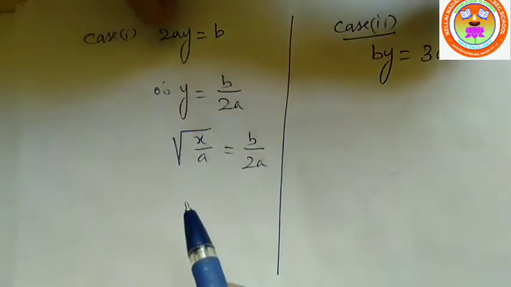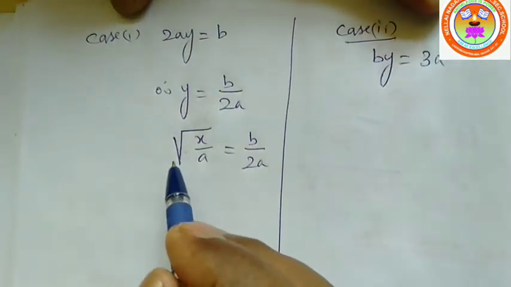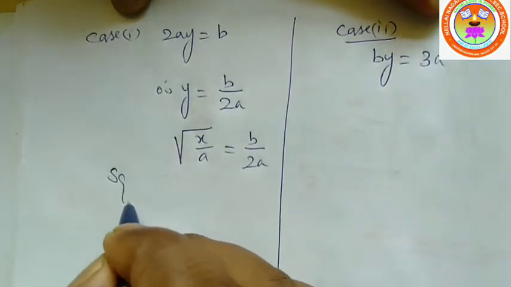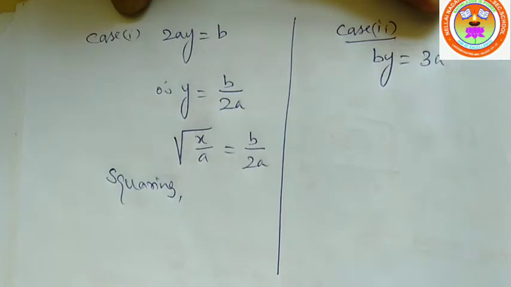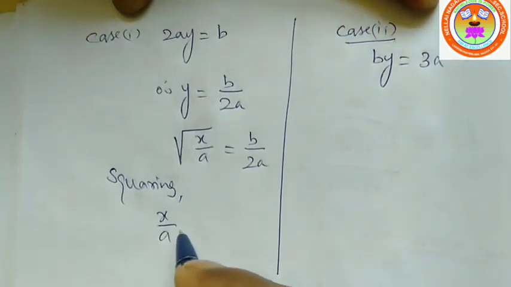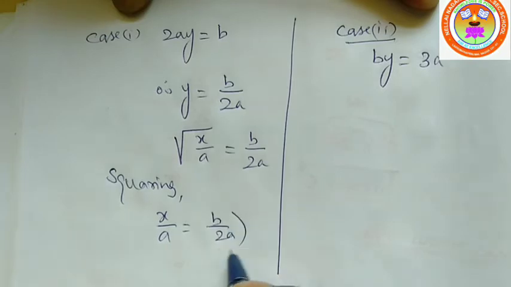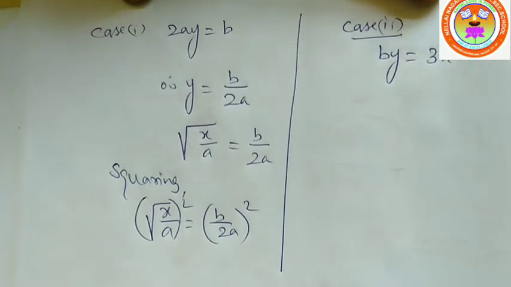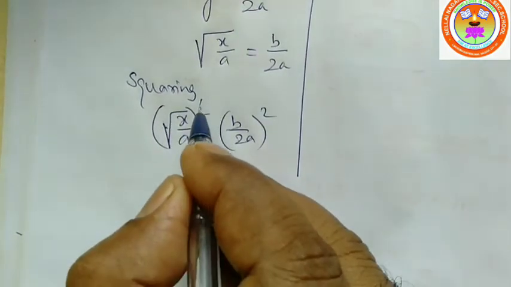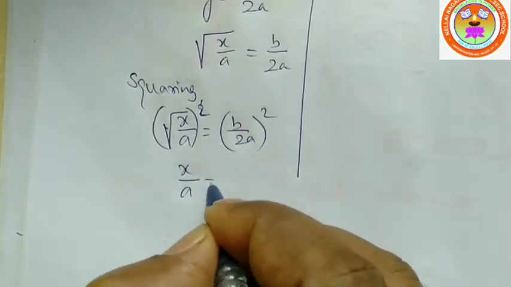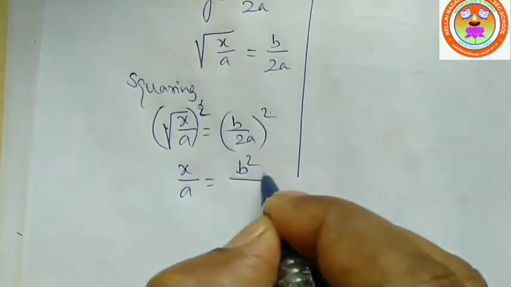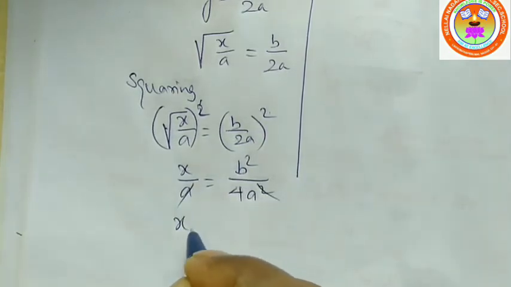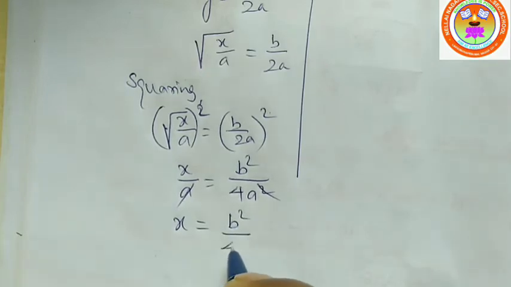For finding x, we want to remove the square root, so we square on both sides. x by a is equal to b by 2a the whole square. The root and the square get cancelled, so x by a is equal to b square by 2 square, that is 4a square. One a gets cancelled, so x is equal to b square by 4a.